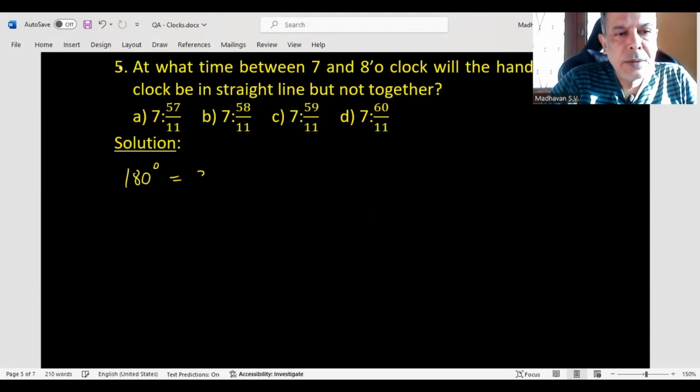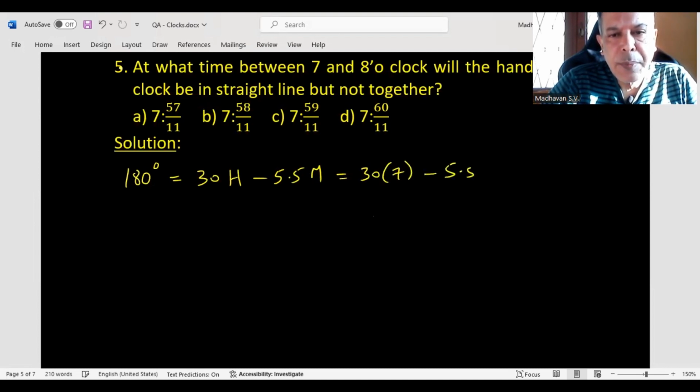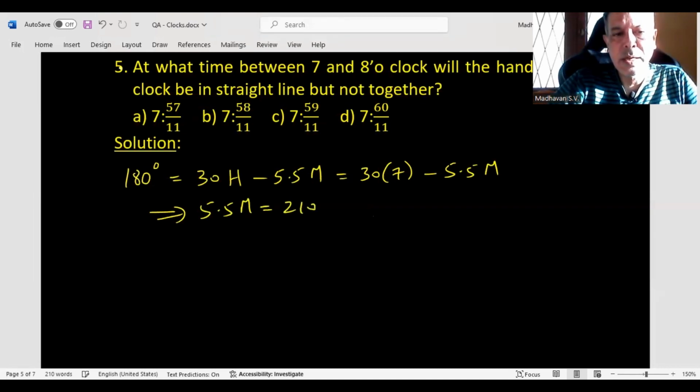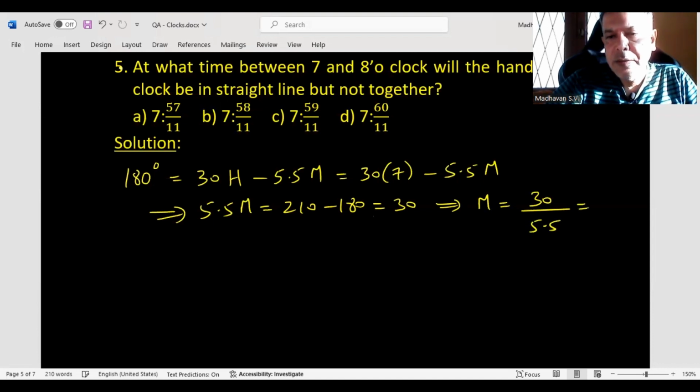That will be 30 times h minus 5.5 times m. Here, for 7 to 8, we have to consider h as 7. So 30 times 7 minus 5.5 m. That means 5.5 m will be 30 into 7, which is 210, minus 180. So that becomes 30.